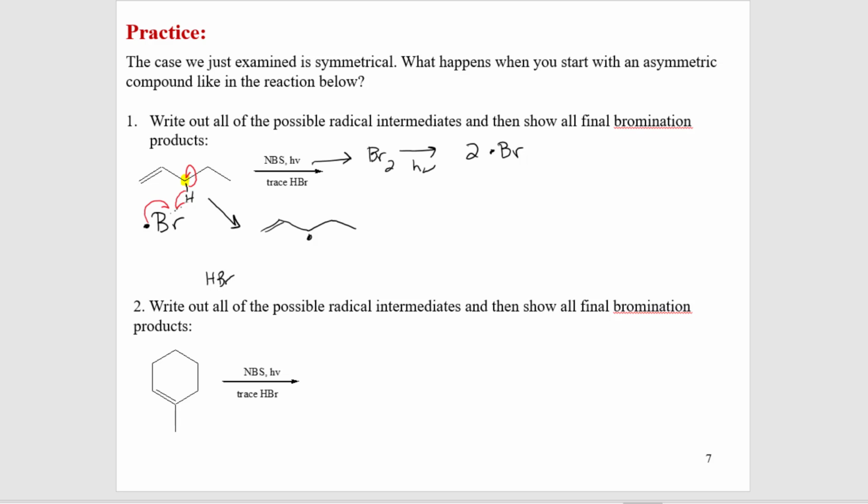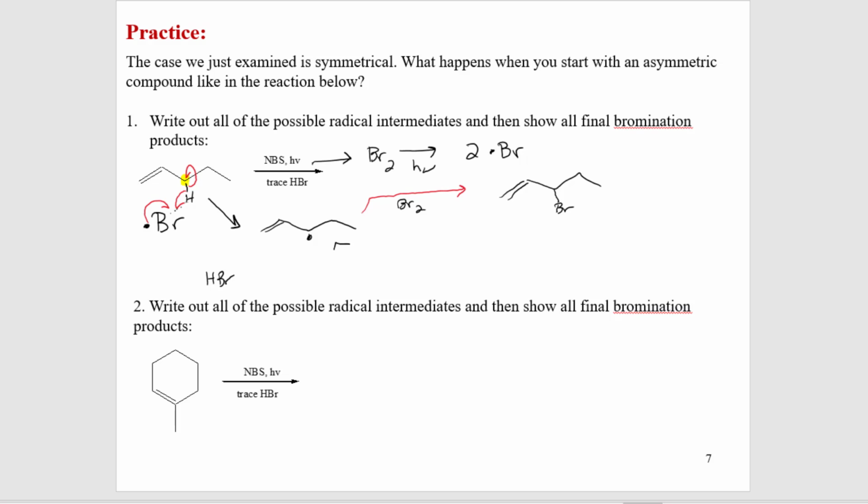Now, what you need to do is you need to consider resonance. Because this radical was formed, I do know that yes, it could react with another Br2 and give me a product.